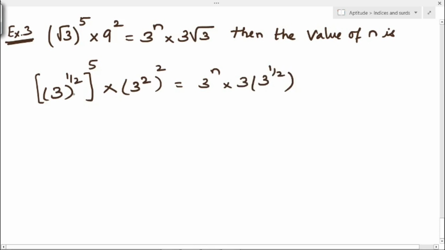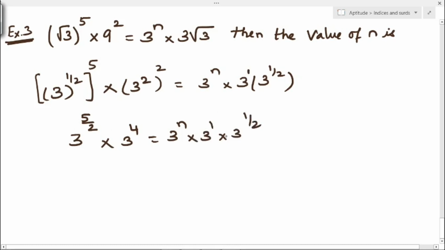Okay. So this is nothing but 3 to the power, multiply these two, 1 by 2 into 5, that is nothing but 5 by 2 into 3 to the power 2, already we have 2. So this is 4 equal to 3 power n into, so this is nothing but 3 power 1, right? So 3 power 1 into 3 power, this term is 3 power 1 by 2.